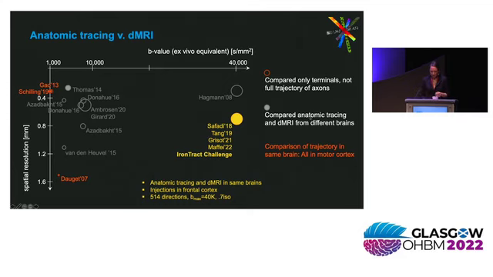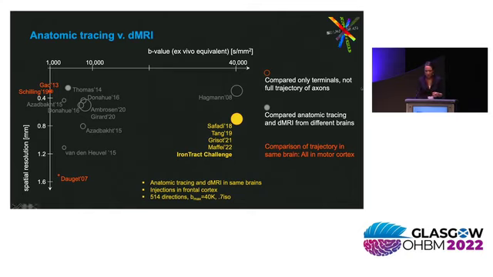And those are the empty markers. And that's because most of the studies, and those are the gray markers, have compared anatomic tracing and diffusion MRI from different brains. So typically there's a database of tracer injections, and that database only contains information about the terminals, so those studies can only validate the endpoints of tractography. This is very useful for determining if tractography has gone wrong, but when it has gone wrong, we don't know where along the way it went wrong.